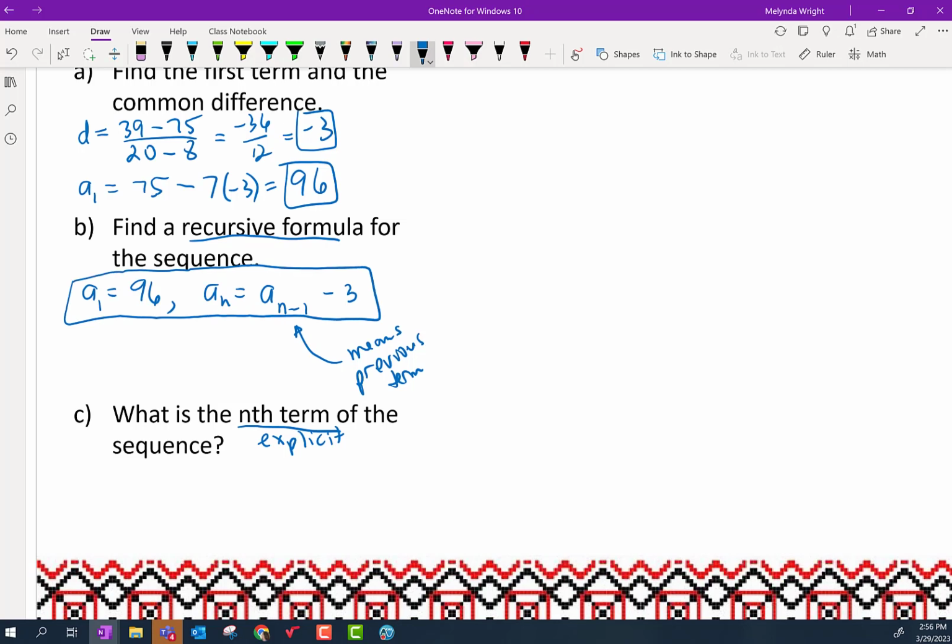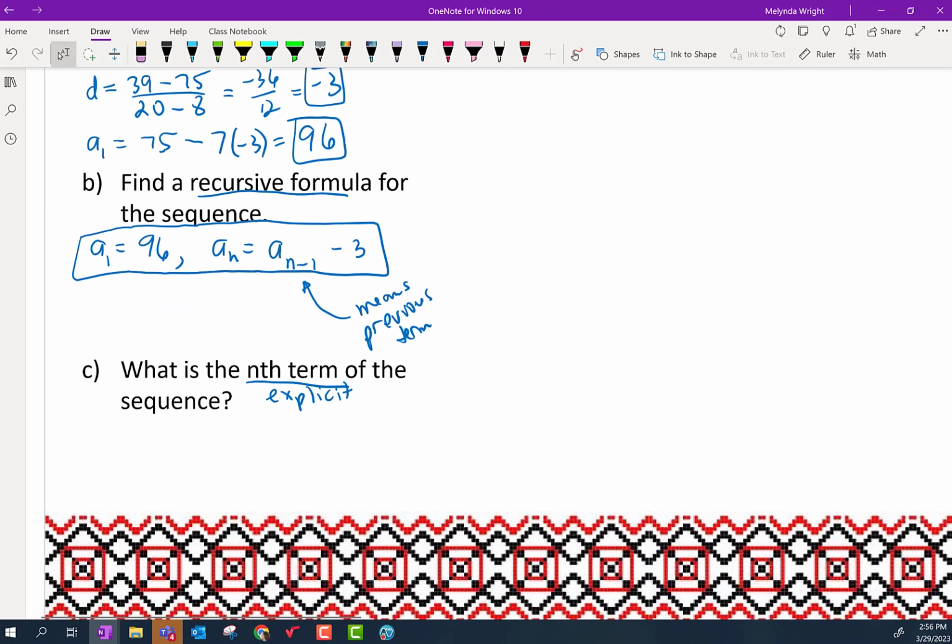And we did some recursive formulas last time, so hopefully that still makes sense. The next one, we're going to do the nth term formula, so that's the explicit one. That's a sub n equals, the formula that we're given. We put the first term down, which is 96, plus n minus 1 times negative 3. I want to clean it up and make it look a little better, so I'm going to distribute the negative 3 to both of these.